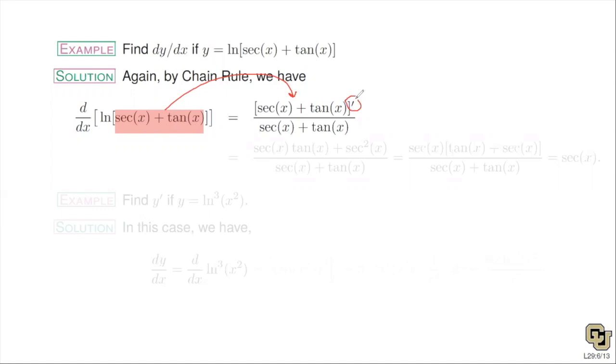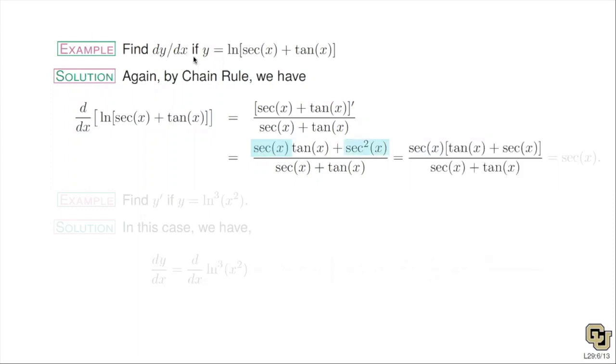Now, this is a sum, so I can distribute the derivative to each term. The derivative of secant, I hope you remember, is secant tan. The derivative of tangent, I hope you remember, is secant squared. So here I get secant tan plus secant squared over secant plus tan. And then our algebra vision kicks in. We notice that secant is a common term.